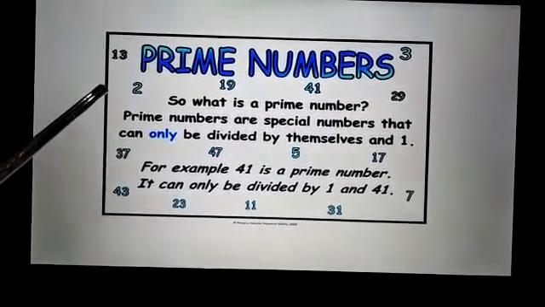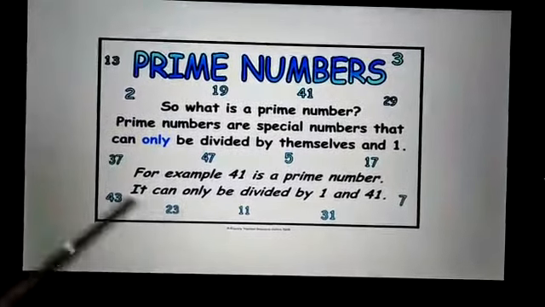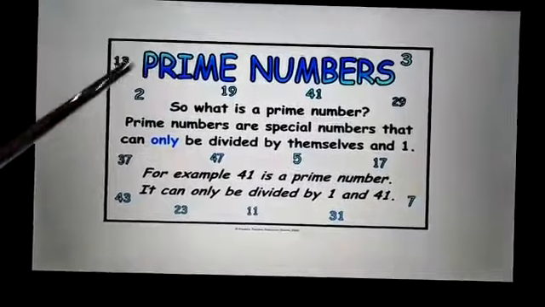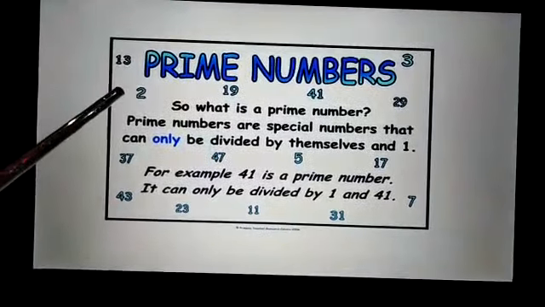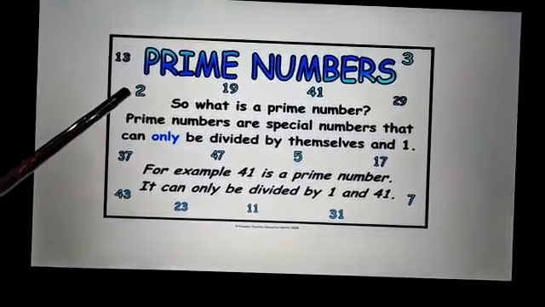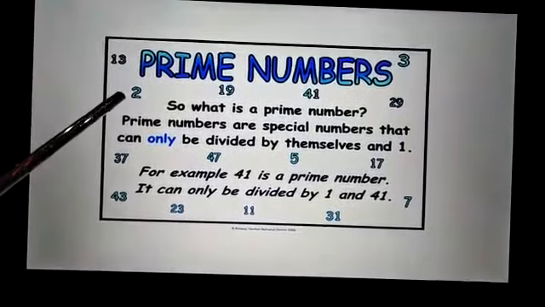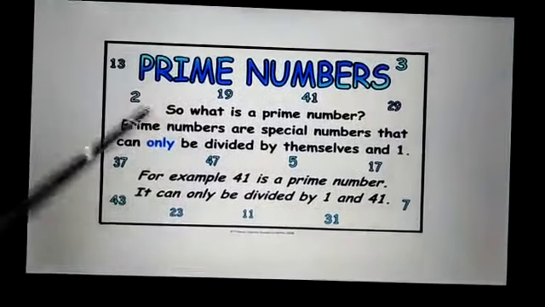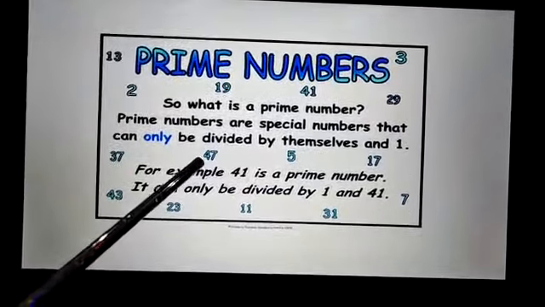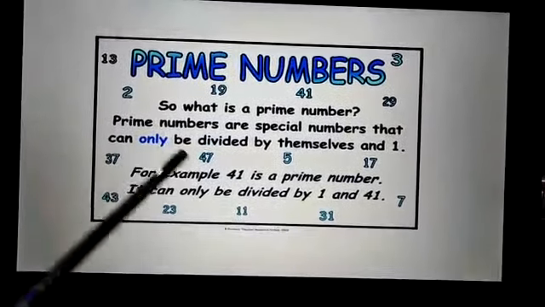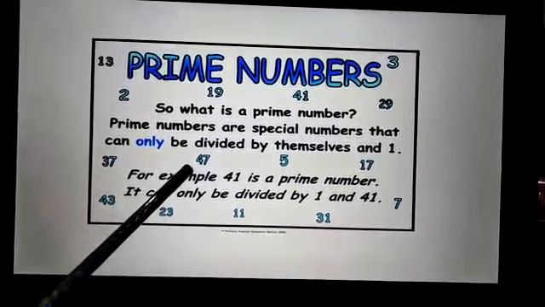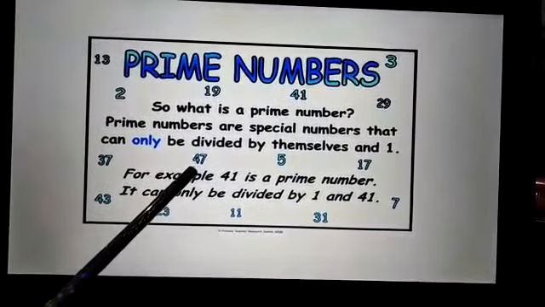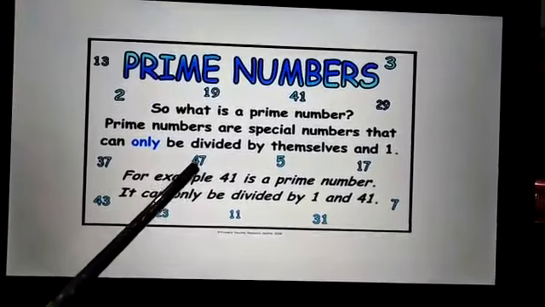Okay, now you can check all the numbers which are given in this box. We can check 2 first. 2 is a prime number because 2 is divisible by 1 and 2. Then 47. This can be divided by 1 and the number itself, 1 and 47.